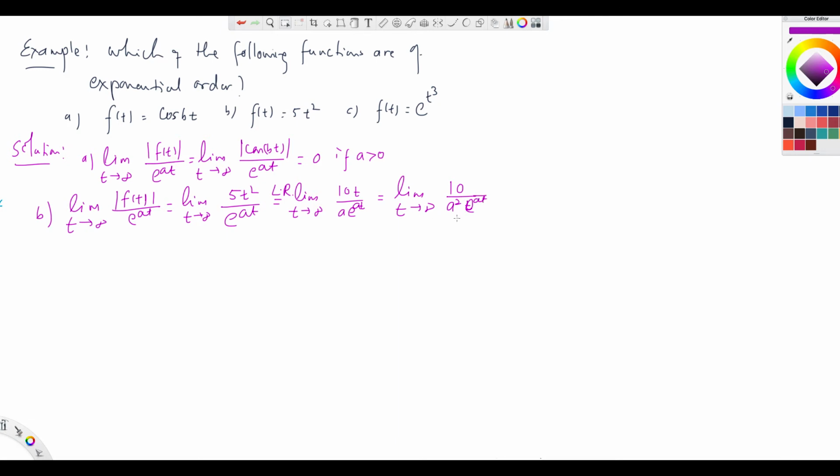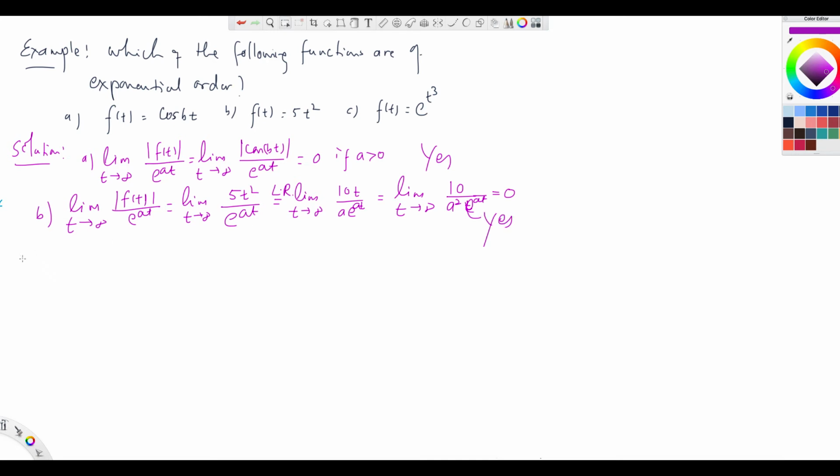Now take the limit. For any finite value of a, this quantity will be very big. So 10 over a big quantity will be 0 as well. So this is also a function of exponential order. So this is also yes.